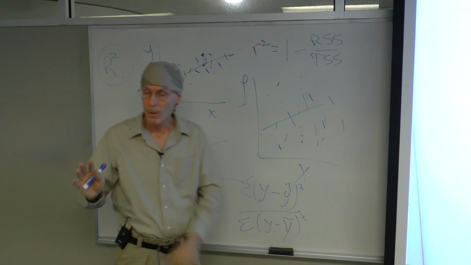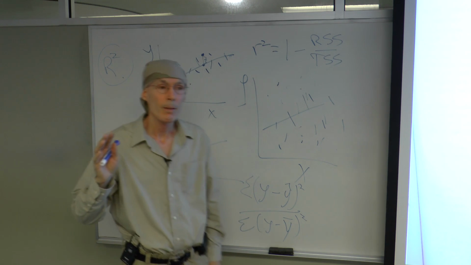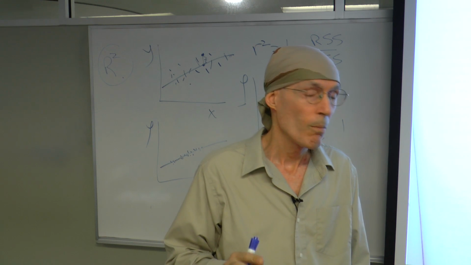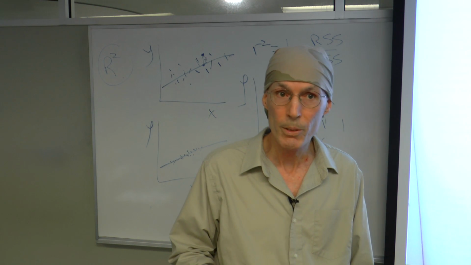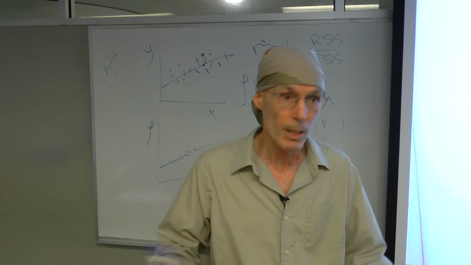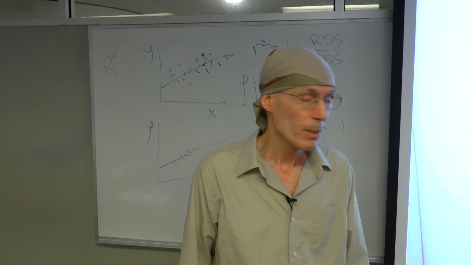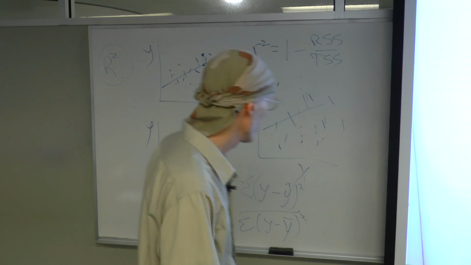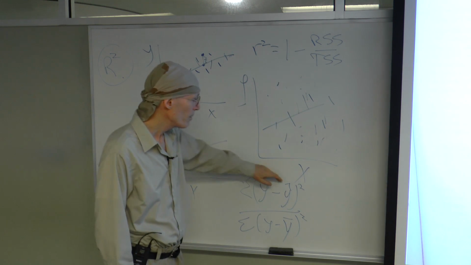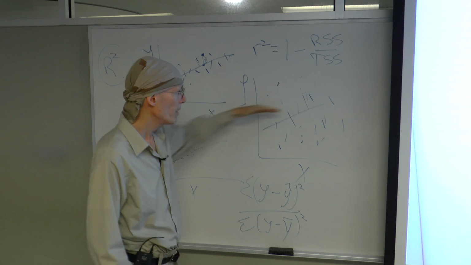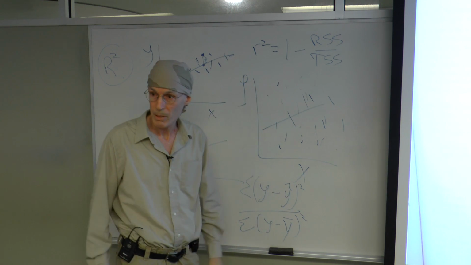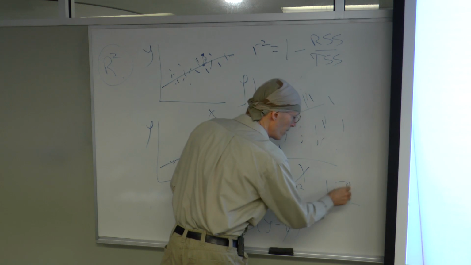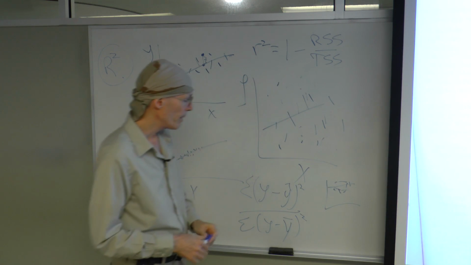Now let's look. What if the regression itself isn't doing squat? It's just not useful. It's doing no better than the mean. Then for y minus the mean, you're going to get a big data cloud here, and the mean will be just as good as the regression line. The mean and the regression line will be about the same.